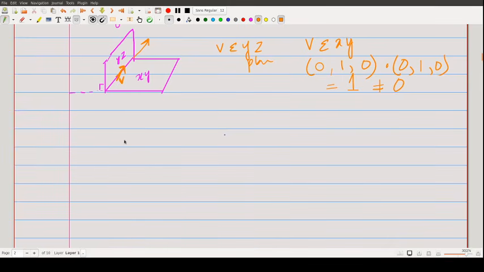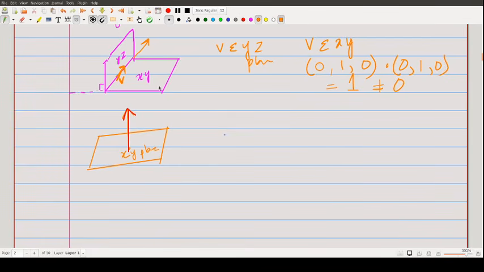The way you get an orthogonal subspace is as follows. Consider you have the XY plane again, and you consider a direction in the opposite. So let's suppose this is the XY plane. Let's call this the orange space and this the red space.